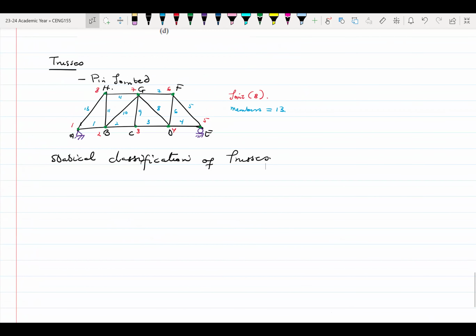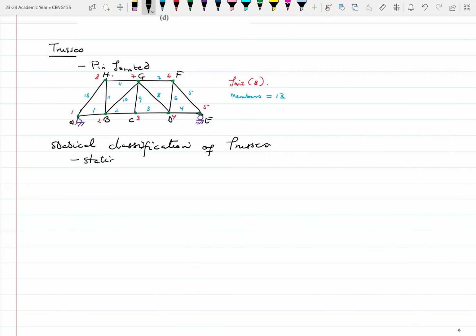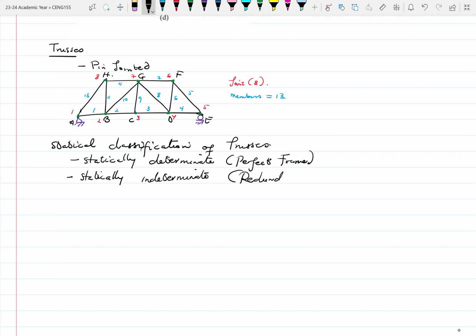It is either statically determinate, which is what we call a perfect frame, or it is statically indeterminate, and then we call this a redundant frame, or a frame that has some redundancy.